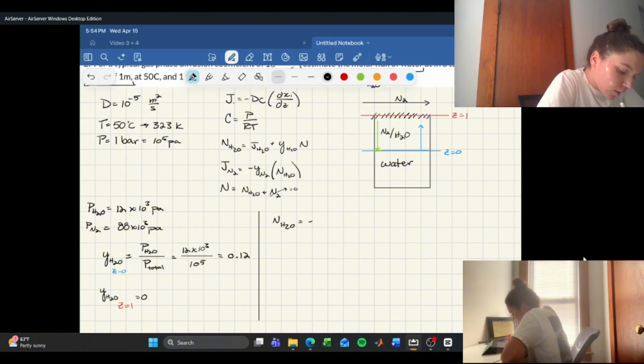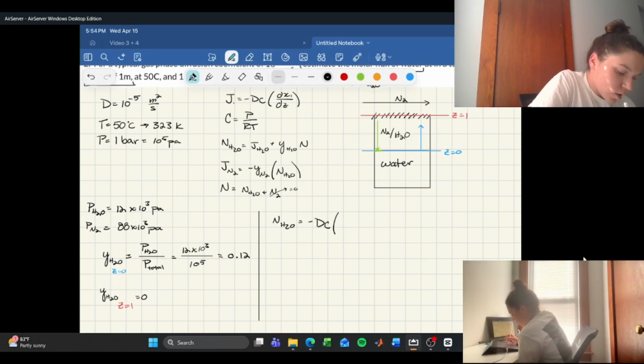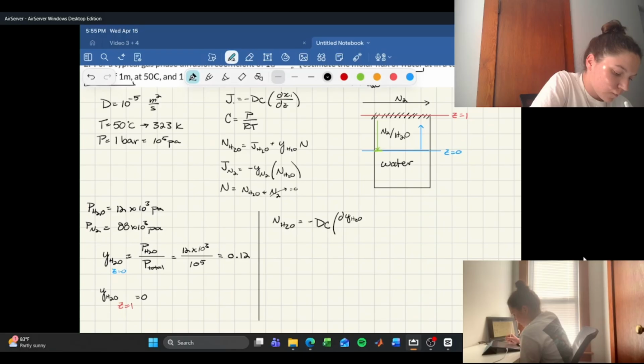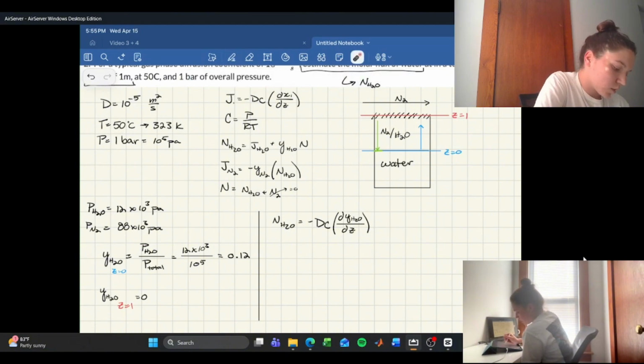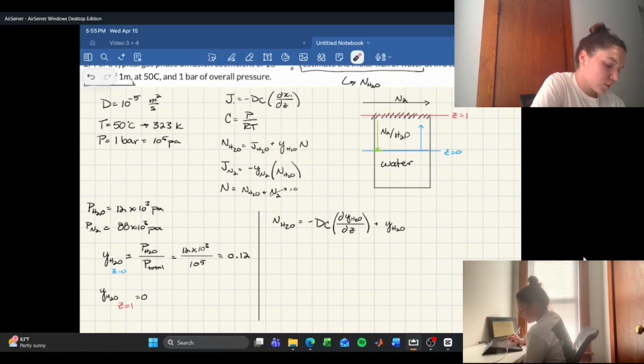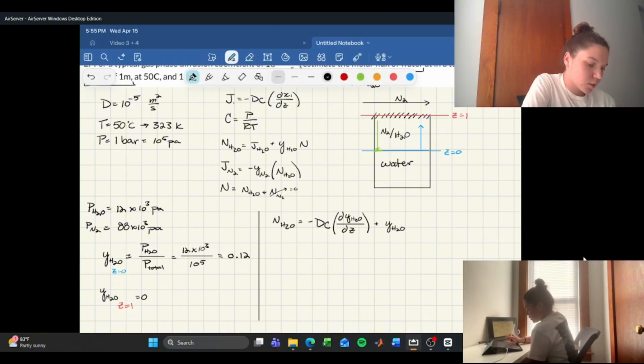This is going to be negative diffusion coefficient times the concentration times the change in mole fraction of water over change in position, and then this part will be plus mole fraction of water times the total flux, which we said, since the flux of nitrogen is equal to 0, we can just say this is the molar flux, or the total flux, of water.